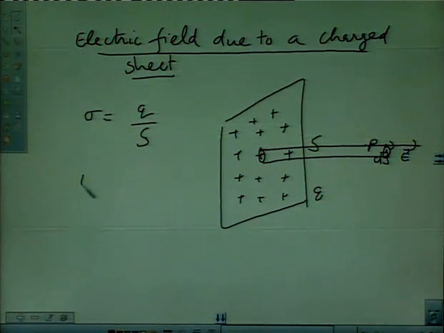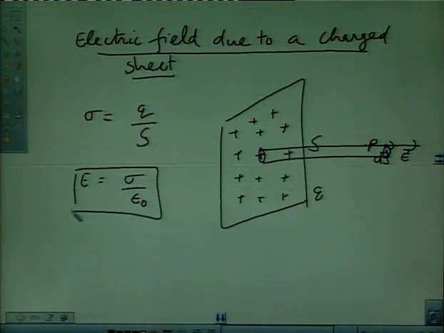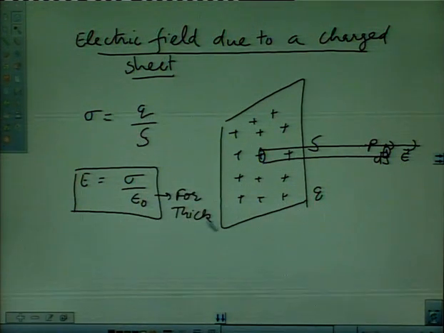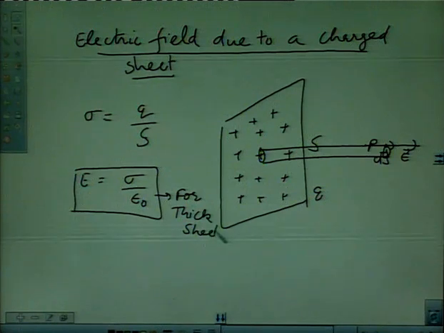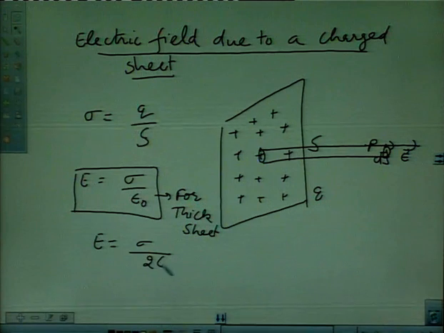So the electric field will come out equal to sigma upon epsilon naught by applying Gauss's law. This is for the thick sheet. If we talk about a thin sheet, this will be equal to sigma upon 2 epsilon naught. So, these are Gauss's law and its applications. So, that is all for now.